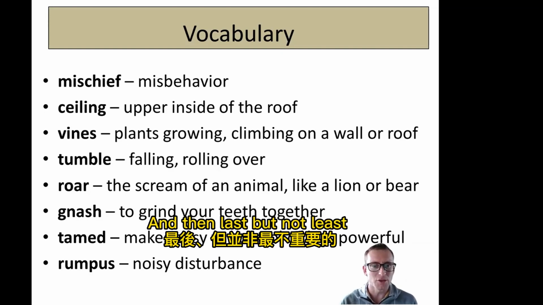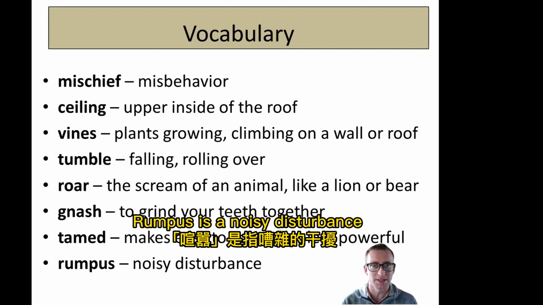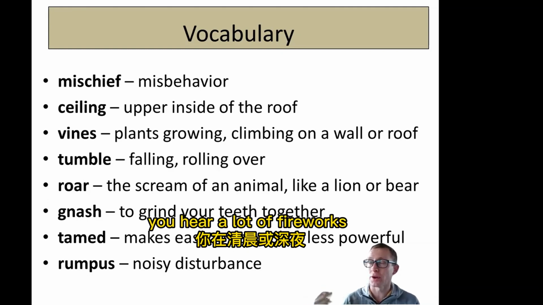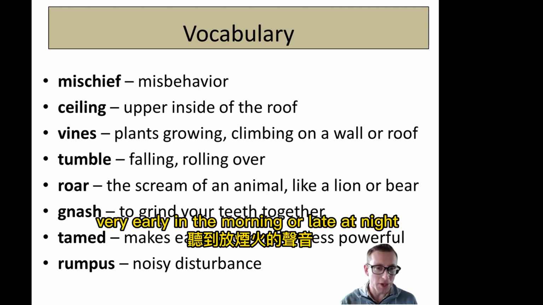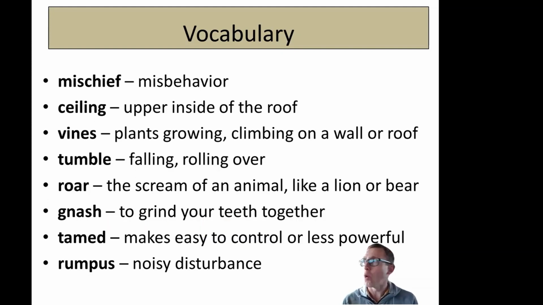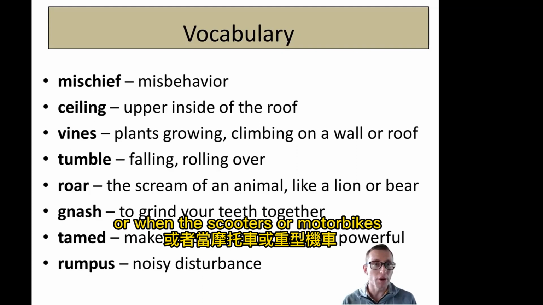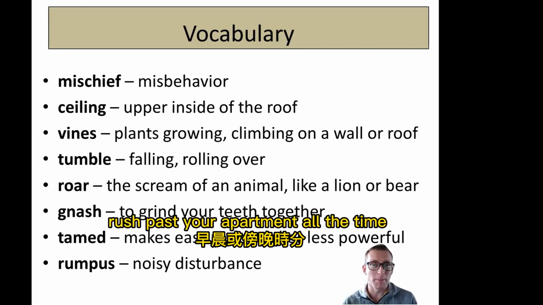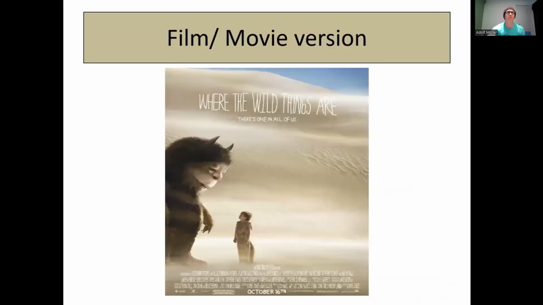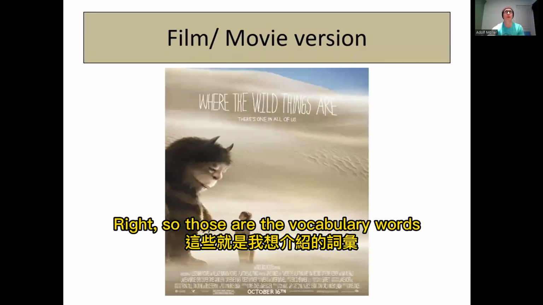And then last but not least, rumpus is a noisy disturbance. That is, for example, you hear a lot of fireworks very early in the morning or late at night when you're trying to sleep. That can be a rumpus. Or when the scooters or motorbikes rush past your apartment all the time, early in the morning or late in the evening. Right, so those are the vocabulary words.